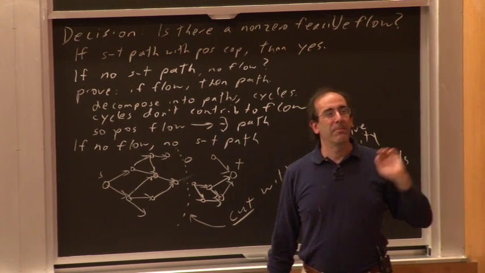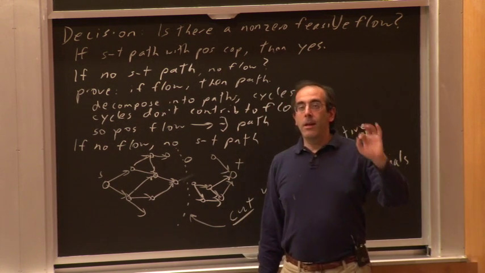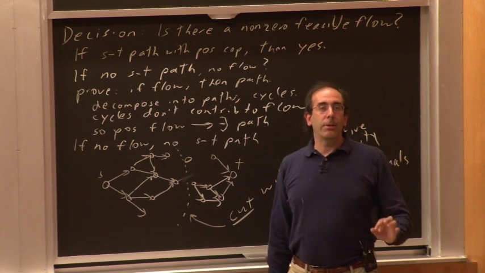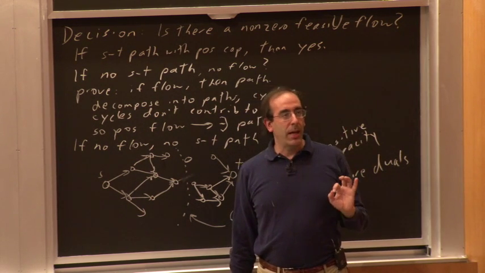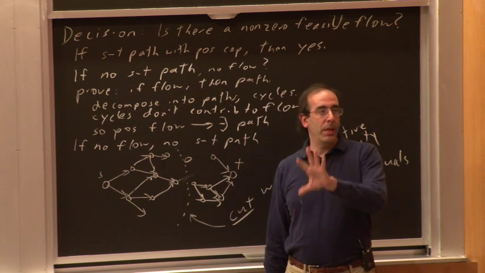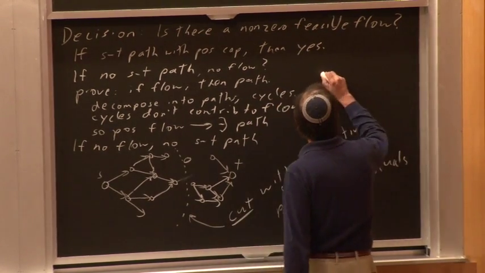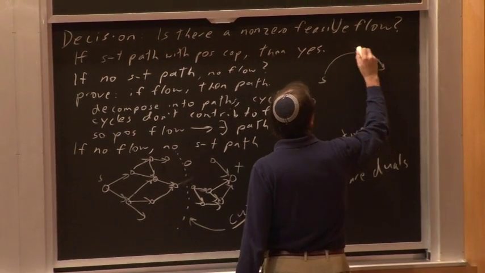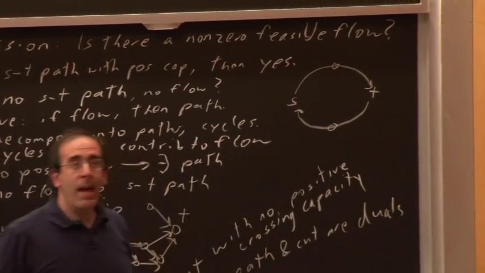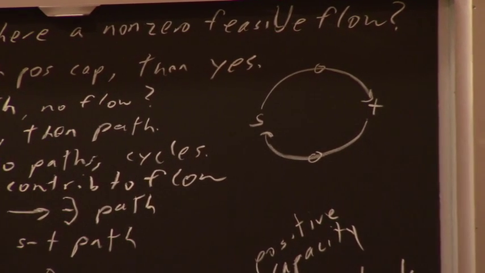I'm saying like in the cycle case there is no flow. It is, so you have to be a little bit careful. It can be possible to have a flow even when there is a cycle. The argument is that if your whole thing decomposes into cycles, then it's not delivering any flow from S to T. So the example that you just gave of a cycle running from S to T and back, right, the net value of that flow is 0, because it's just bringing all the stuff back that it started.